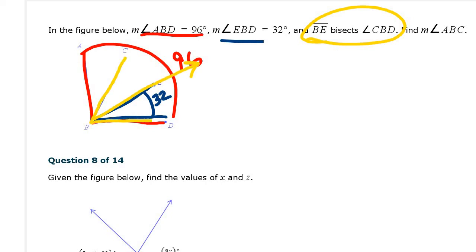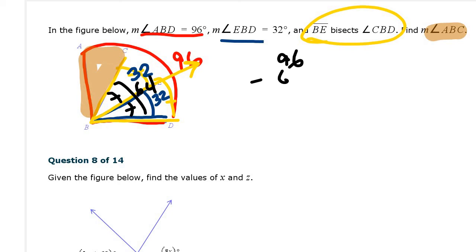That's the yellow, which means these two are equal. So if this is 32, this must also be 32. Your ambition is to find ABC, which is right here. So, as a habit, always find everything possible. That's why I immediately brought the 32 over because of the bisector. I can find that. That's 64. I could do 96 minus 64. And we get this is 32.